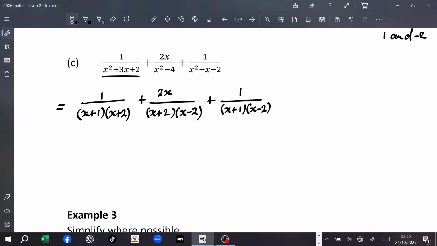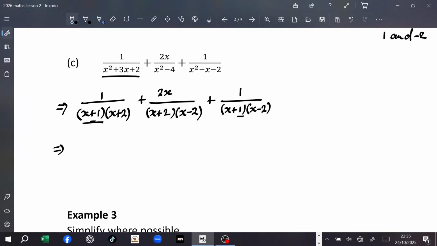You will notice that, when you check what is common, here we have this is common there.